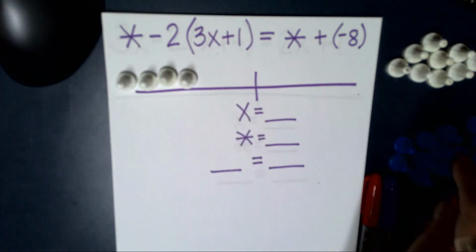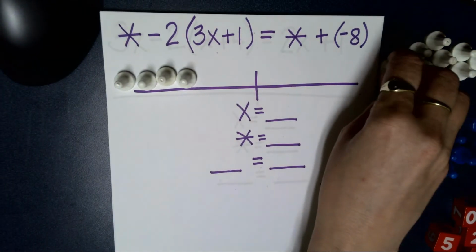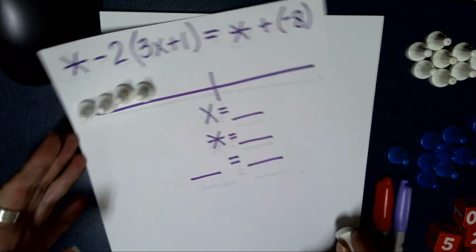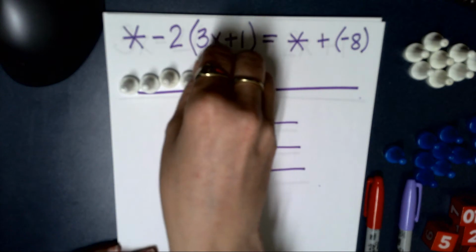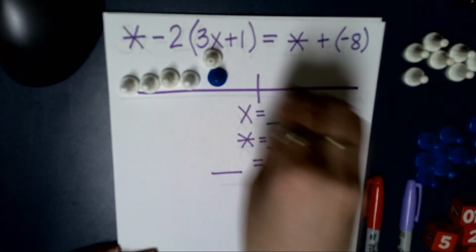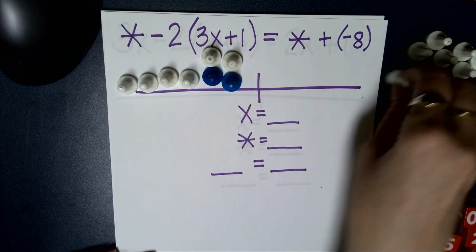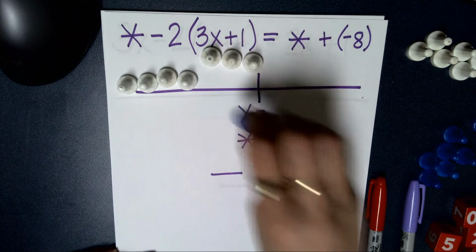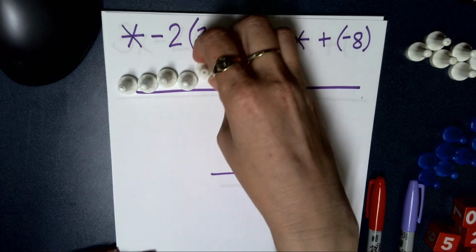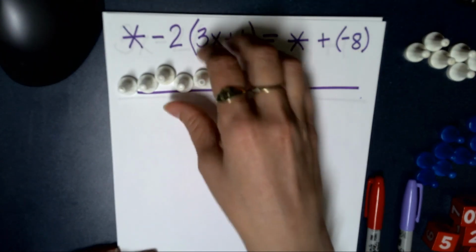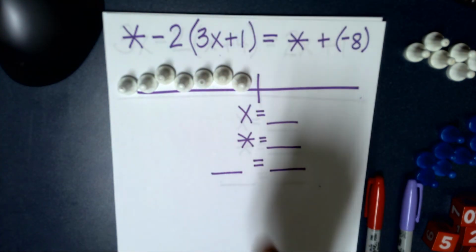Oh, I'm sorry, I only did one set of 3 x's. Whoops. So let's do it again. 2, 3, and remove the 3 x's. And then we're removing 2 positive ones.